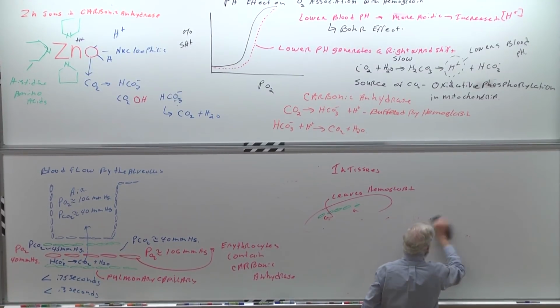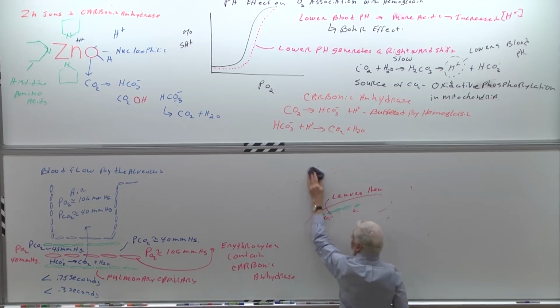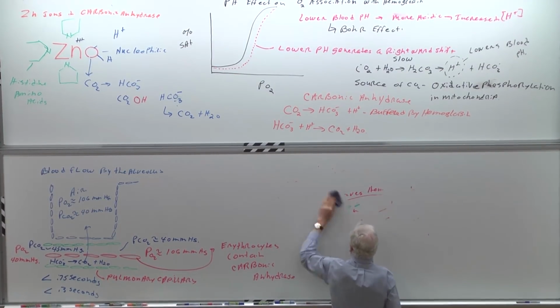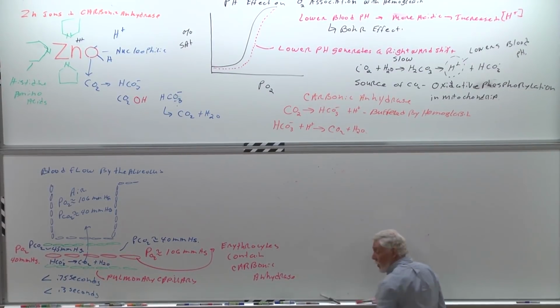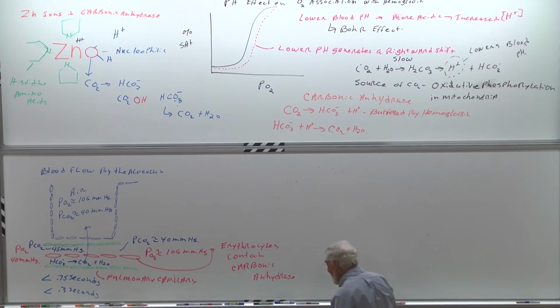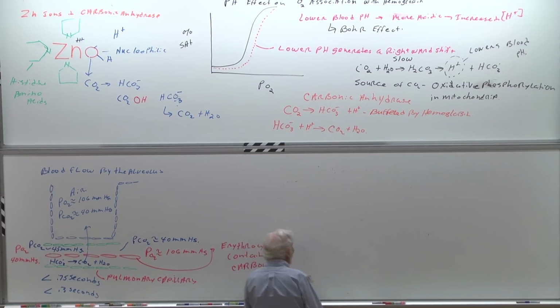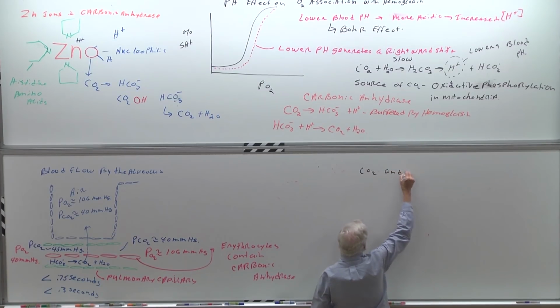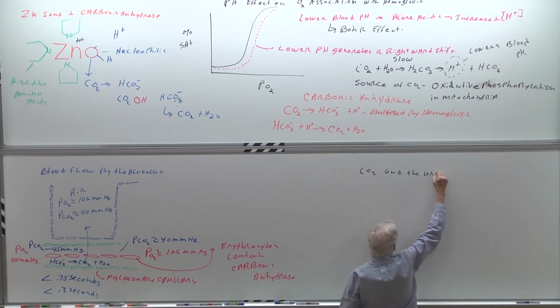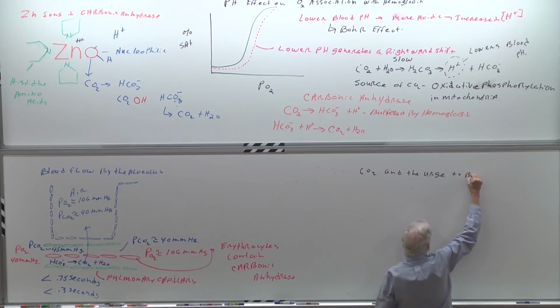And in this part of the panel, I want to describe the role of carbon dioxide and the urge to breathe. So this is CO2 and the urge to breathe.